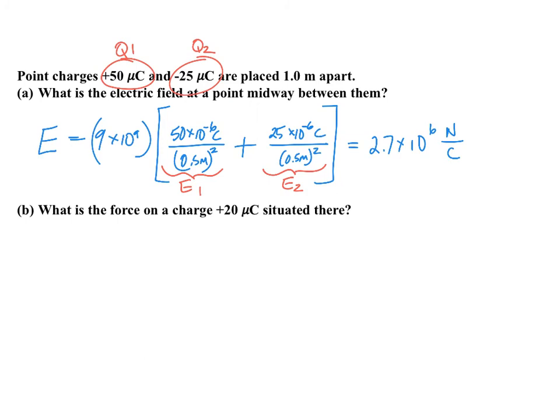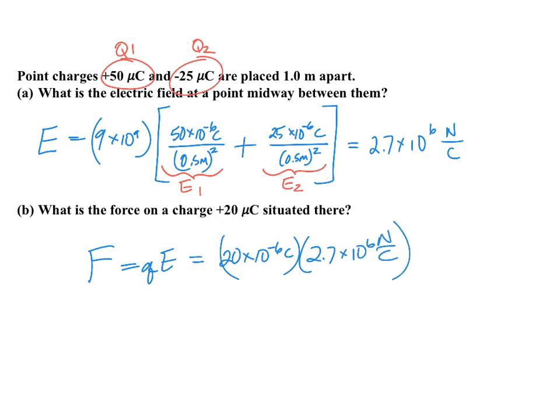What's the force of some charge that we would stick there? Well, if the field strength at that location is what we just computed, then the force on it will just be that charge times that field. So 20 times 10 to the minus 6 coulombs times that field strength, 2.7 times 10 to the 6 newtons per coulomb.